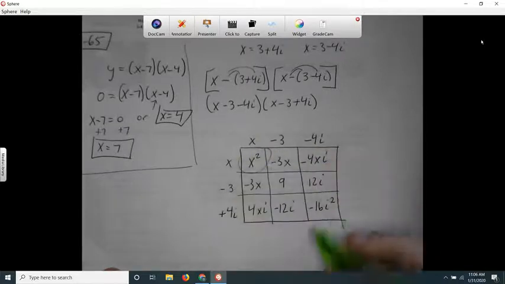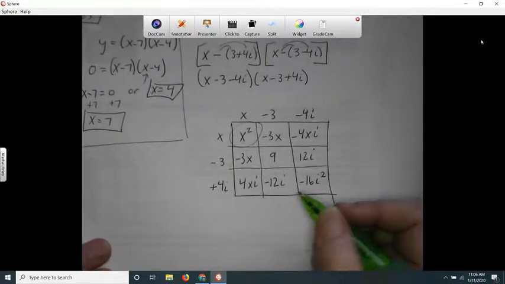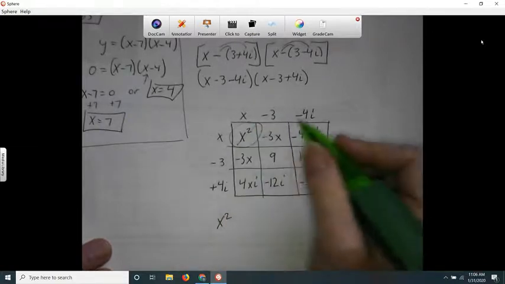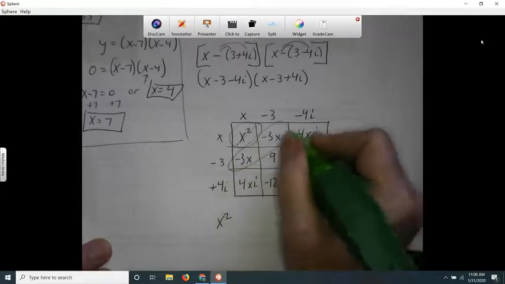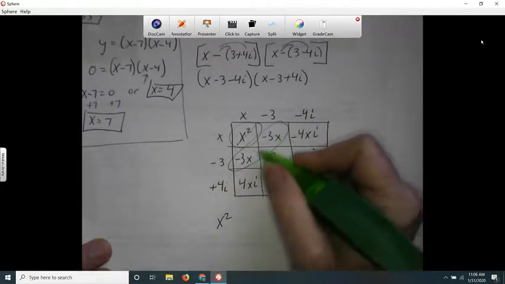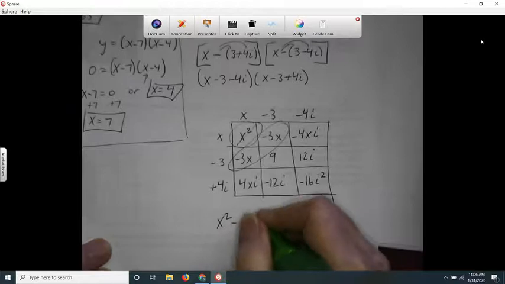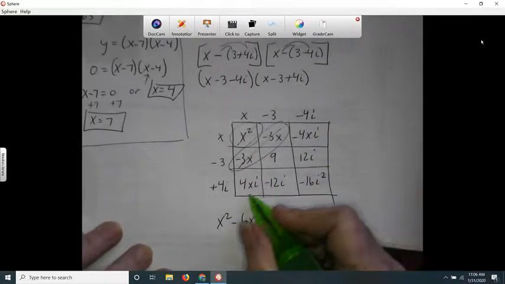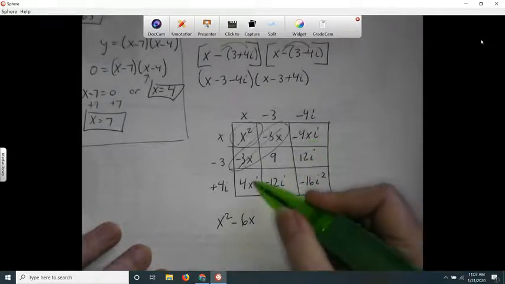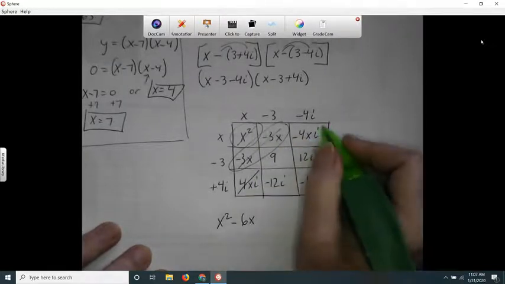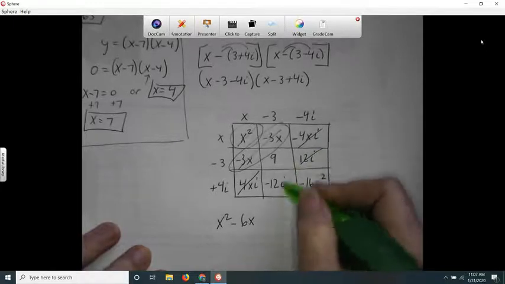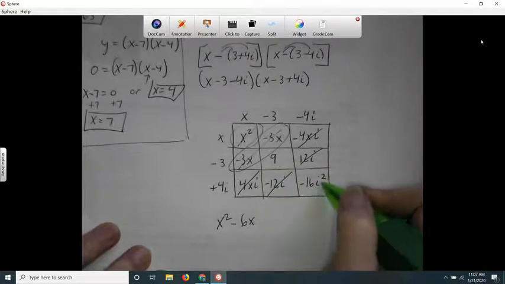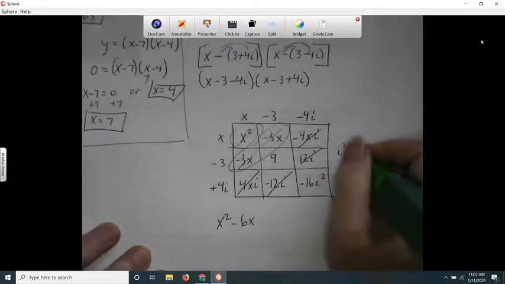So this is my x squared. I'm going to get rid of it to show that I used it up. These two are the x terms, so I have negative 6x. I'm going to get rid of those. And then we should have some cancellations, like see how these two cancel out. And these two cancel out. And these two, I can combine them if I remember that i squared equals negative 1.